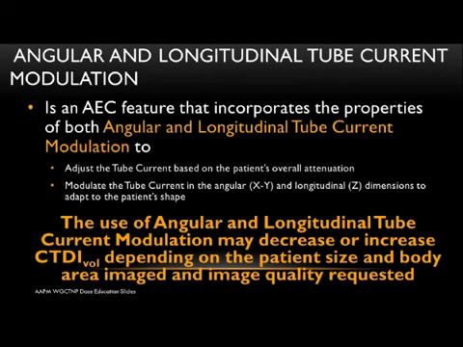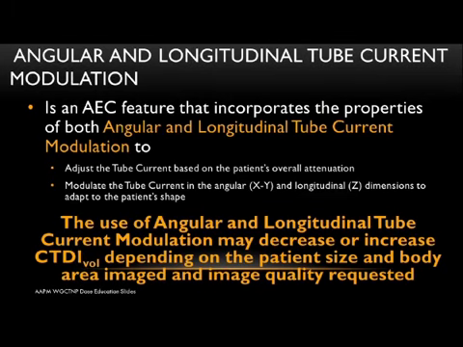I think I'm saying that a lot, but that's definitely something to keep in mind, is that using these features doesn't mean that you're decreasing the CTDI vol that you're using for these studies. It could mean you're increasing the CTDI vol or decreasing it, or it could be the same as what you're using without it if it's a perfectly homogeneous patient.